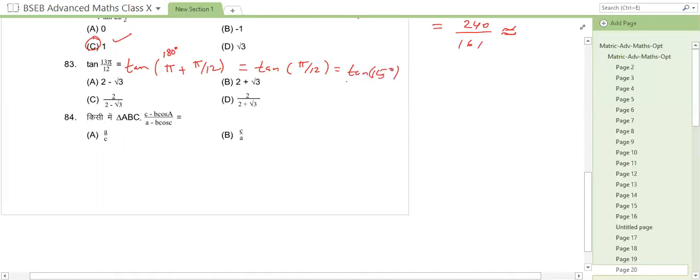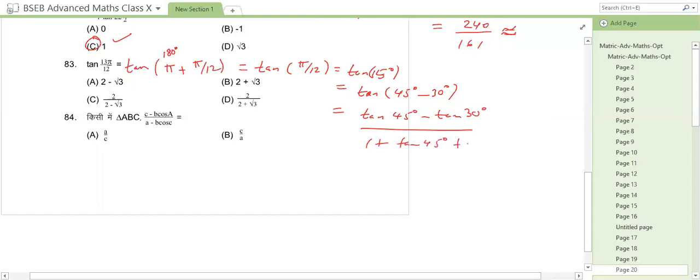Now, how are we going to get tan of 15 degrees? We get it by saying tan of 45 minus 30, which is the expansion for tan. So we get tan 45 minus tan 30 divided by 1 plus tan 45 tan 30.